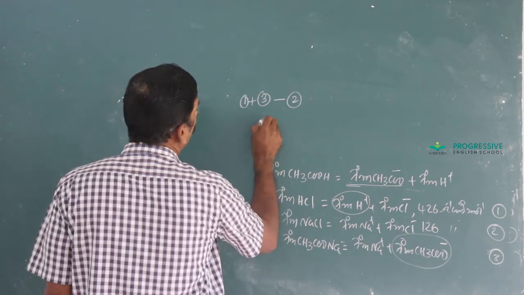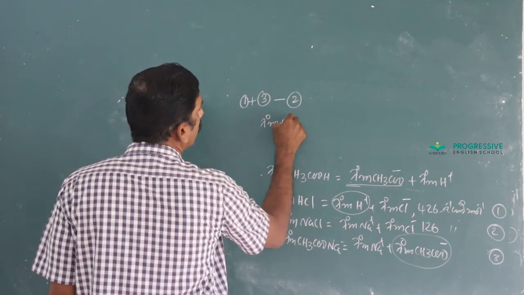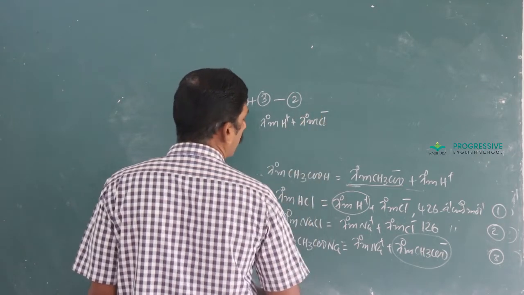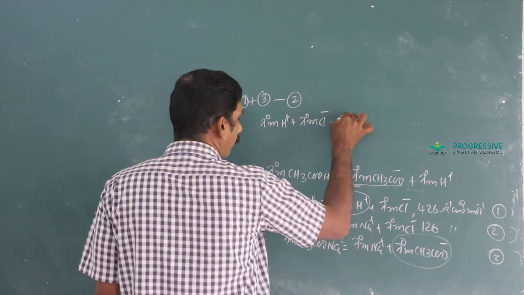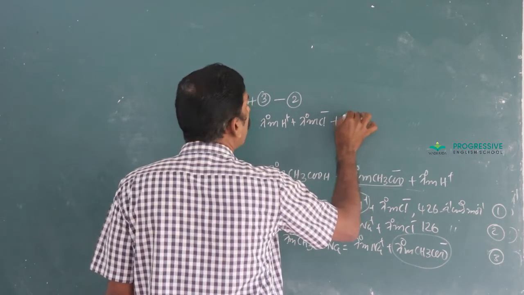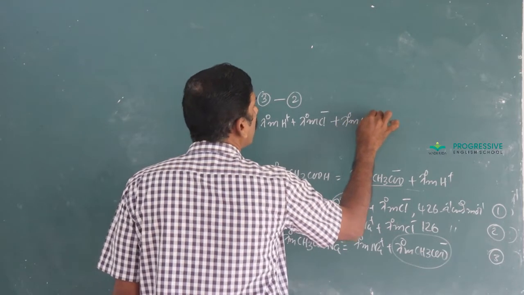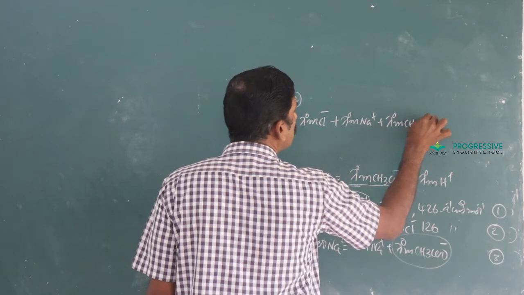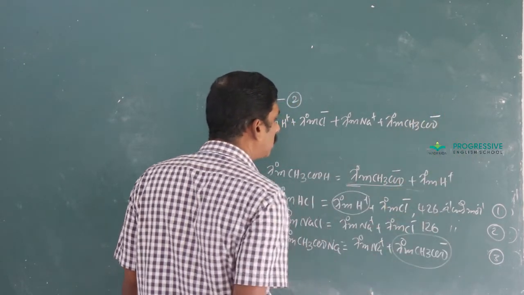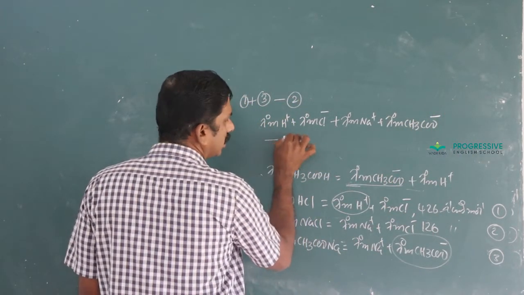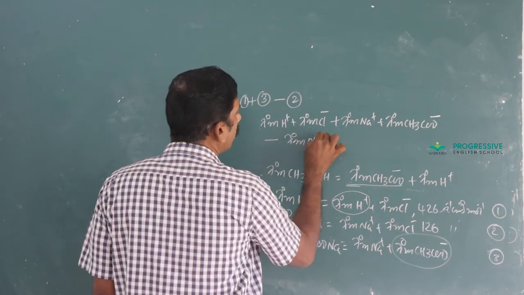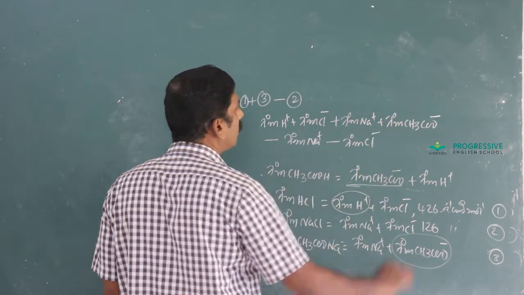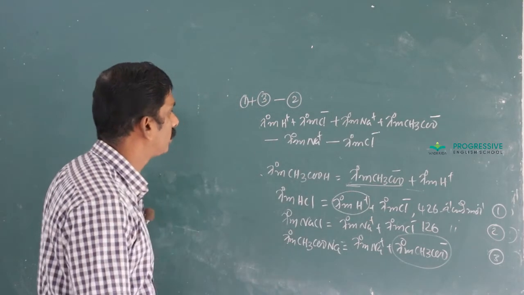That is, equation 1 means lambda 0m H plus lambda 0m Cl minus, plus lambda 0m Na plus lambda 0m CH3COO minus, minus lambda 0m Na plus lambda 0m Cl minus.